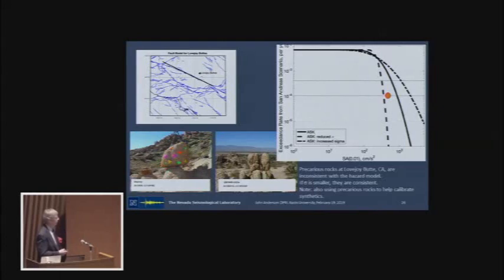And here we have some rocks that look somewhat precarious and could be knocked over if we had strong enough shaking. And our hazard model over here shows the peak acceleration we expect to knock the rocks over.